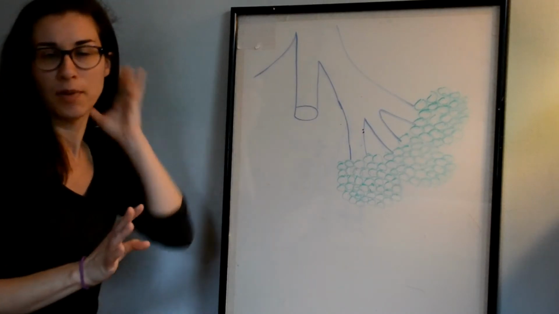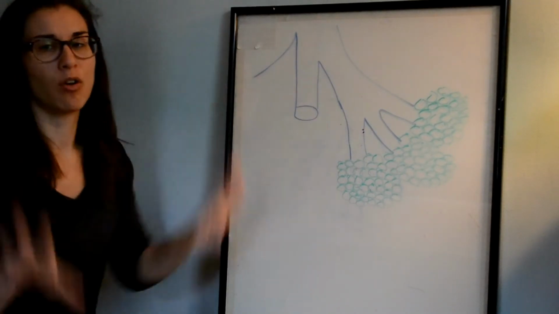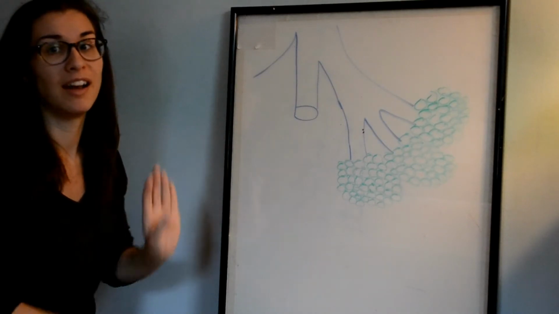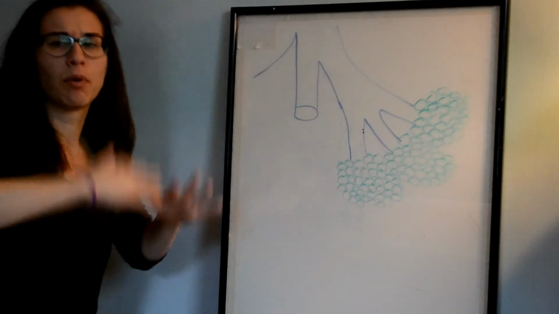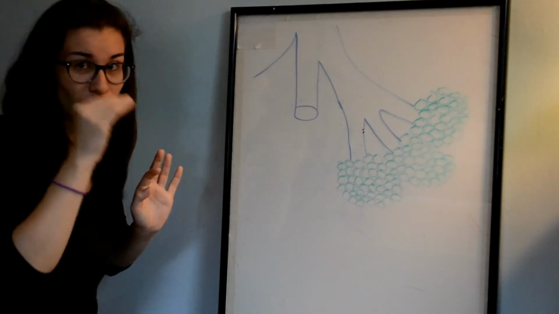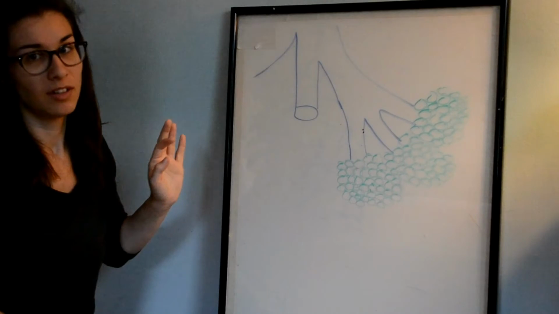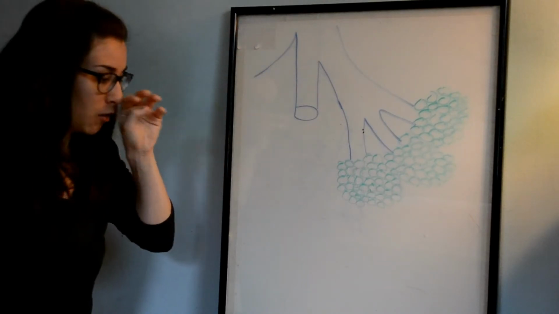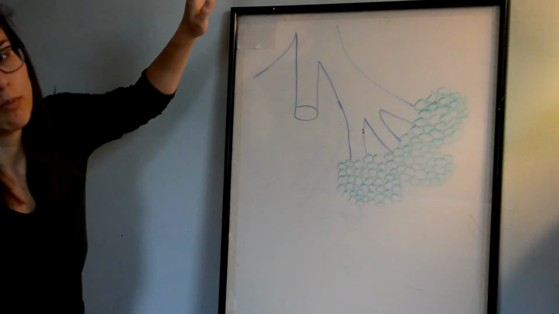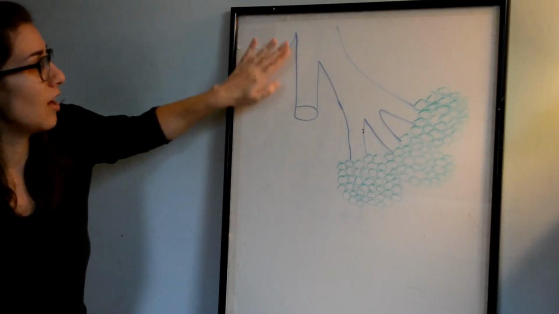Okay, so as far as anatomy goes with the lungs, we're not going to talk about the overall larger parts of the lung. We're going to focus on the deeper parts of the lung, and when you look very close inside the lung, you will see that the trachea turns into the bronchioles, which is at the very end.